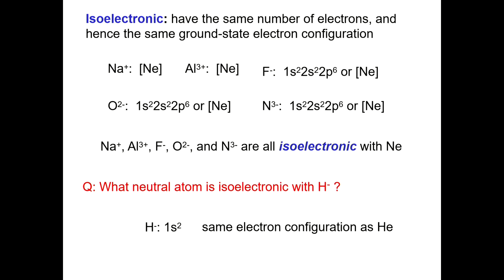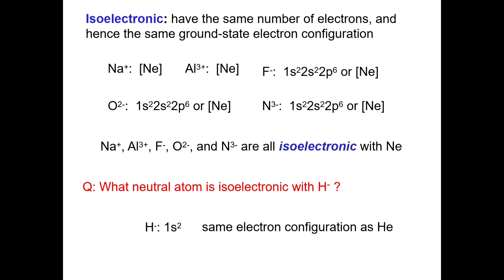Of course, although they have the same number of electrons, they are not the same elements, right? Because they have different numbers of protons. Basically, the element is decided by the number of protons.